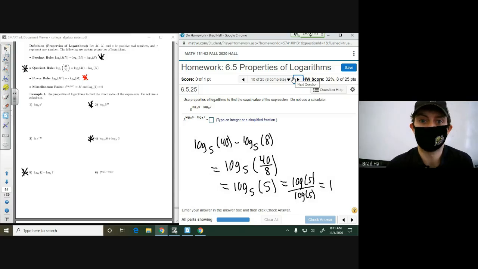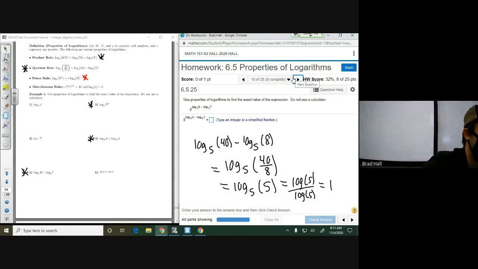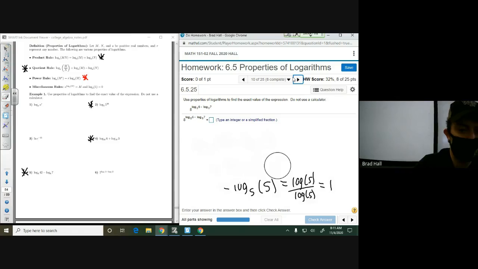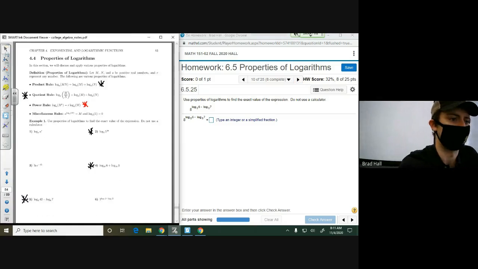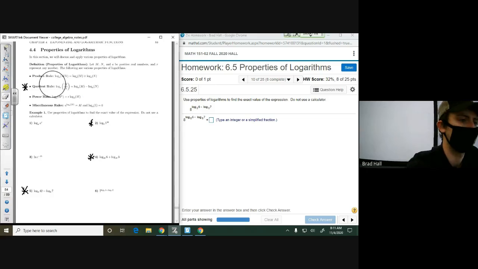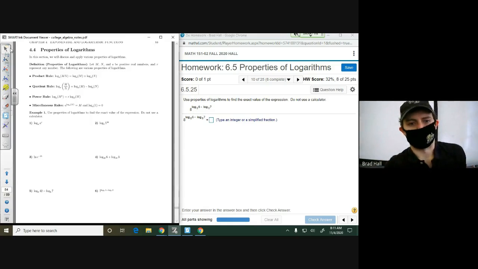This problem, as I probably explained in the video, you start with evaluating the exponent, so the difference of the logs. And I'll just reserve that process for the lecture video.